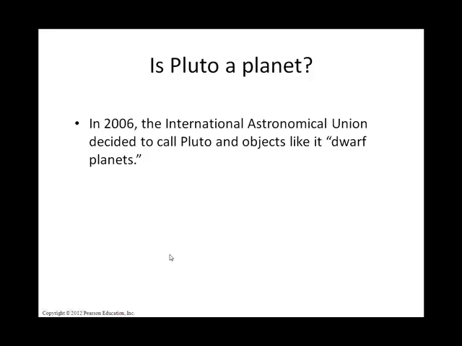The Astronomical Union went with redefining, or clearly defining, what a planet is. Ever since then, Pluto fits into a category called a dwarf planet. Also in that category are Ceres and I believe Vesta, which are the two largest asteroids in the asteroid belt. And Eris is also a dwarf planet.